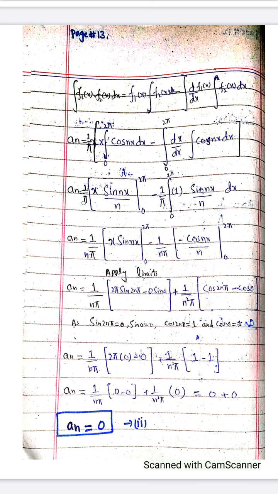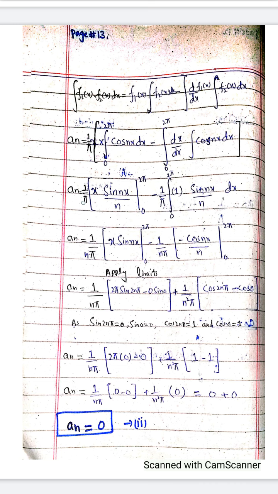Now a n is equal to 1 over pi. The integration of cos nx is sin nx divided by n. x is multiplied with sin nx divided by n, limit 0 to 2 pi, minus 1 over pi times the integral of the derivative of x with respect to x, which is 1, times the integration of cos nx, which is sin nx divided by n, dx.